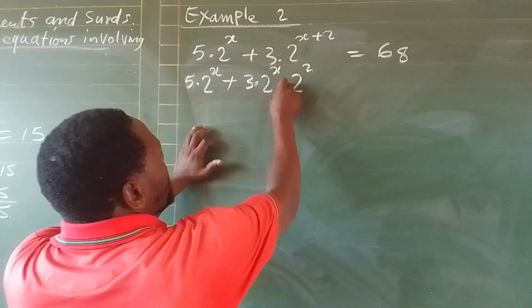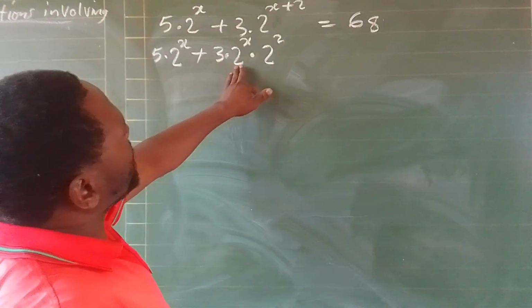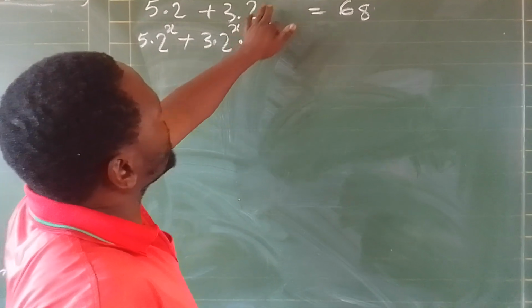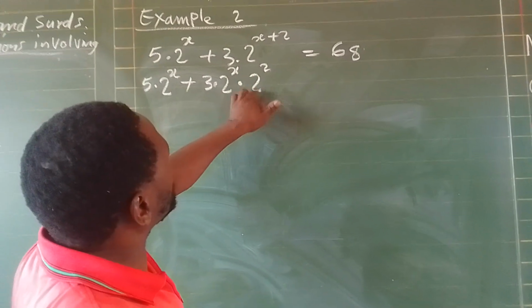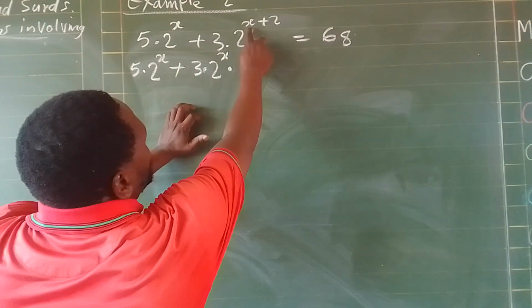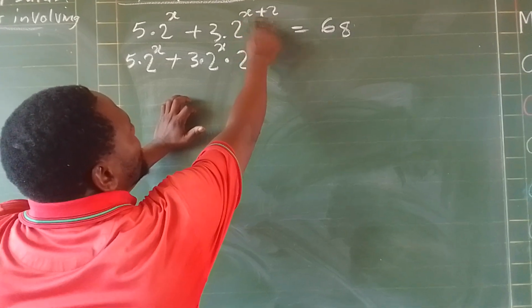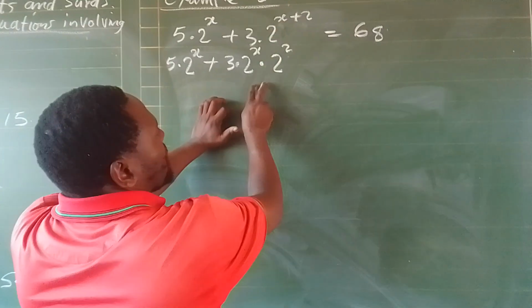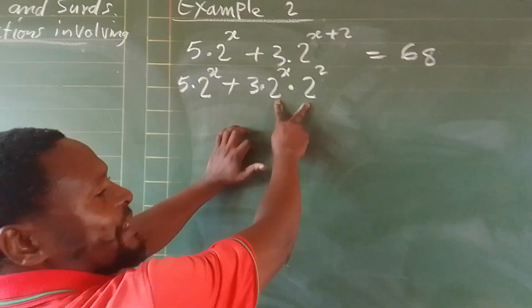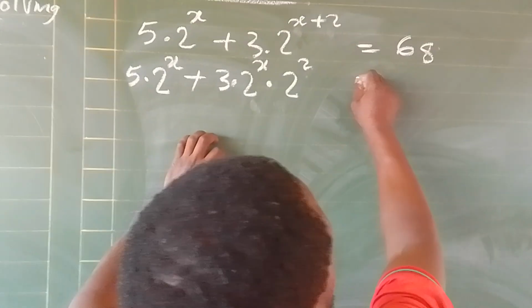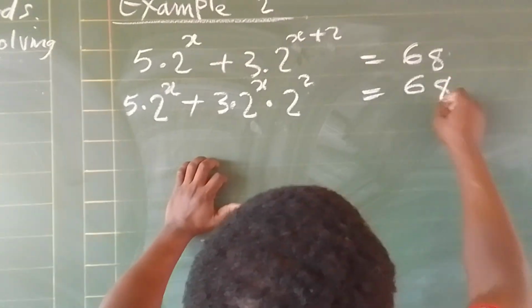Remember, law number 1: when you multiply with the same base, you add the exponents. So here we have the addition of the exponents, from two separate terms but the same base, which is equals to 68.